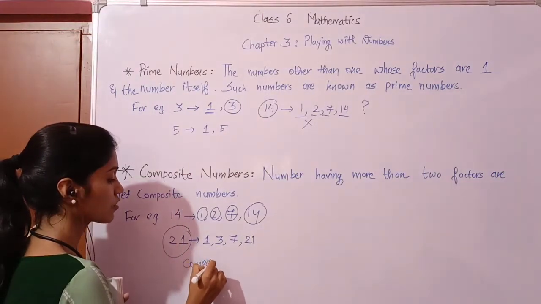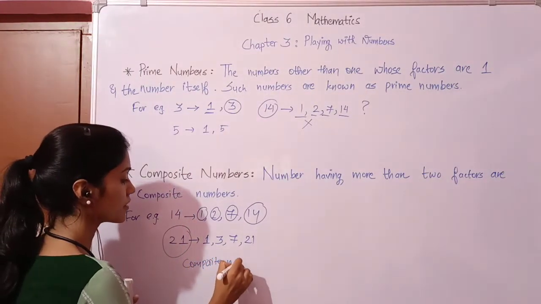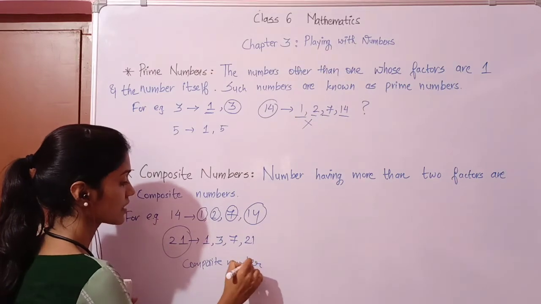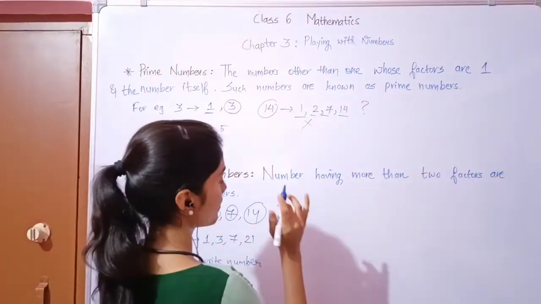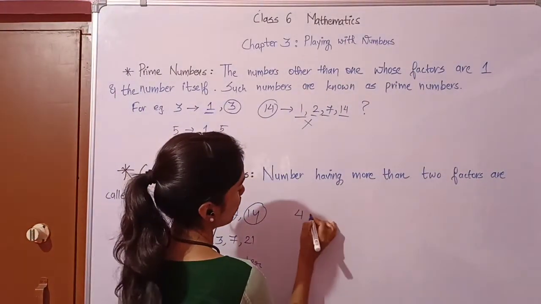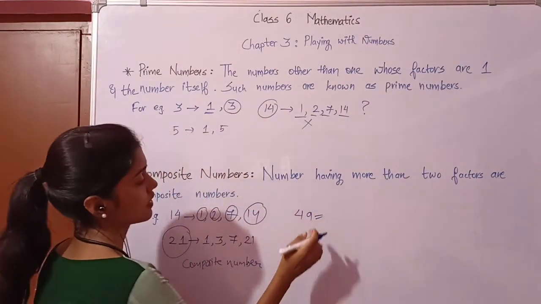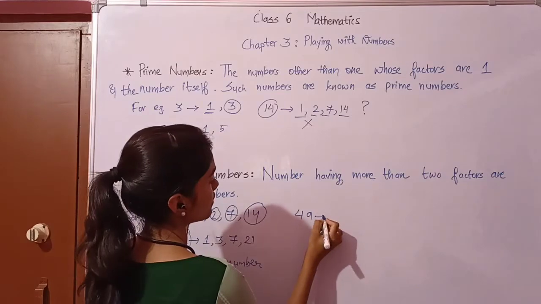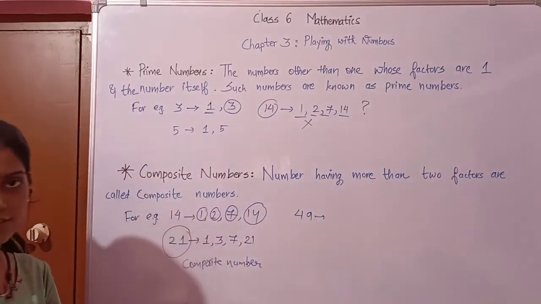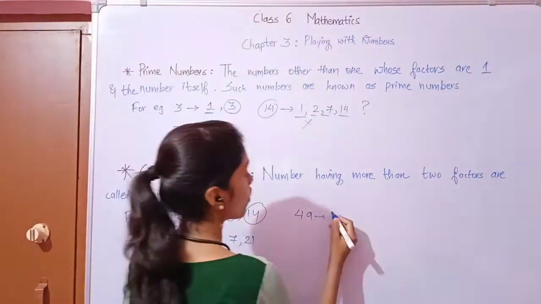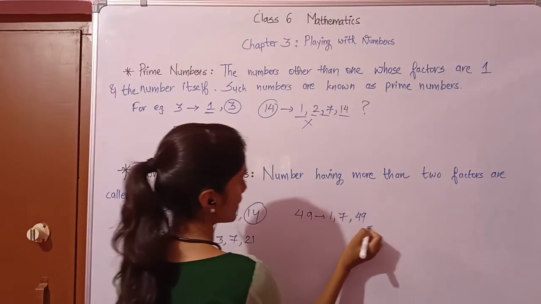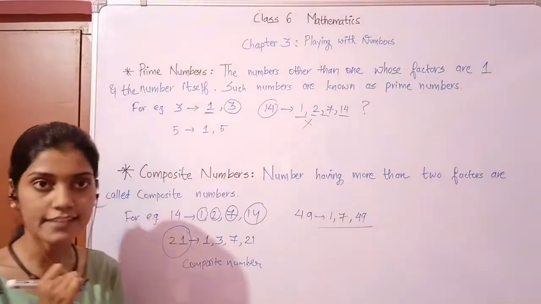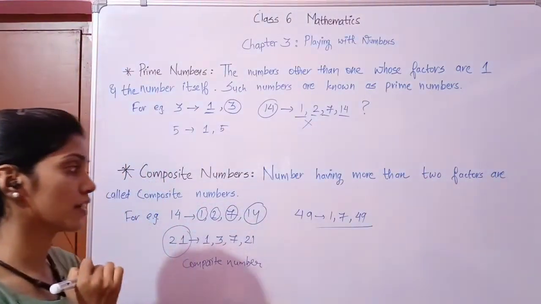Let's take another example. If I take 49, what are the factors of 49? It is 1, 7 and 49. Is it a composite number? Yes, it is a composite number.